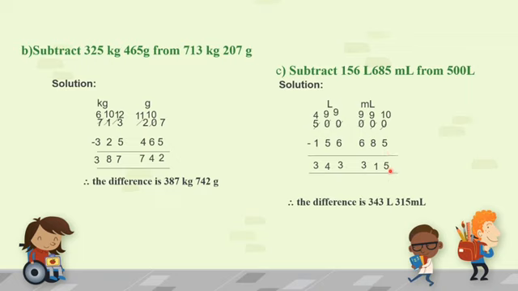How do you add? 5 plus 5, 10. 8, 9, 10. Shift 1. 6, 7 plus 3, 10. Again 6, 7 plus 3, 10. 5, 6 plus 4, 10. And 3 plus 1, 4 plus 1, 5. So your answer is correct. This is how you verify whether the difference is correct or not.